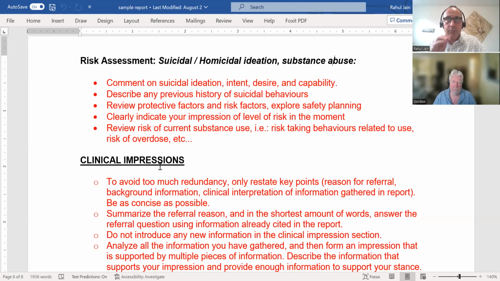So make sure in the clinical impression you're not repeating what the client said. You're not adding new information. What you will repeat, you would just say in one line, for example, Johnny is a 29-year-old pleasant young man.